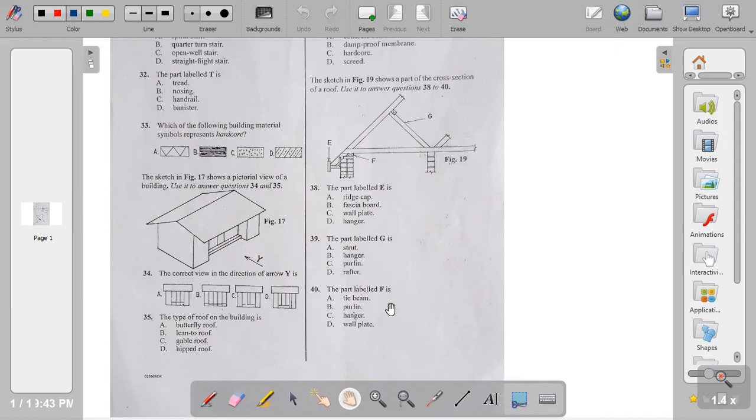The part labeled F. Where is F? F is the wall plate. A is tie beam, hauling, hanger, wall plate. F is the wall plate. So question 40, the answer is G.